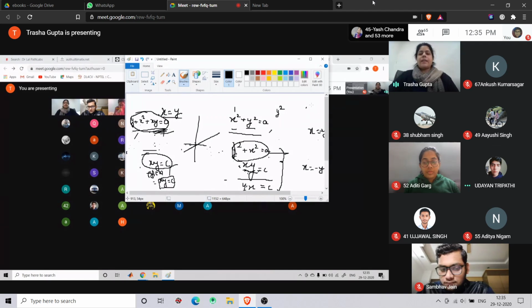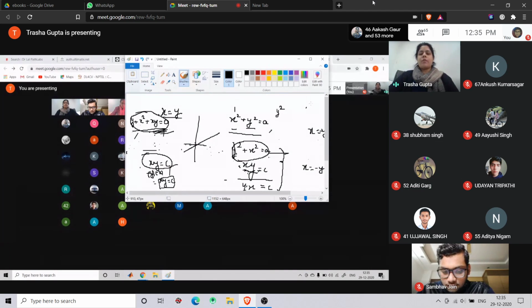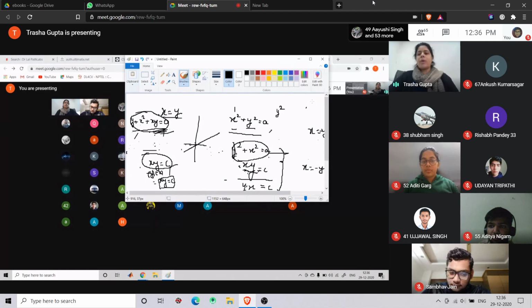I said that if the curve is passing through the origin, to find the equation of the tangent to the curve at the origin, equate to zero the lowest degree terms in the equation of the curve. जीरो को हमें क्या इक्वेट करना है?